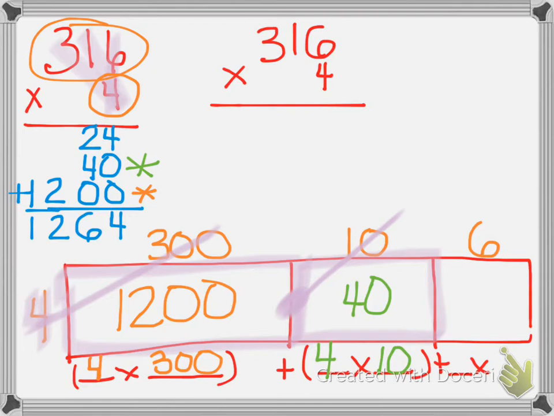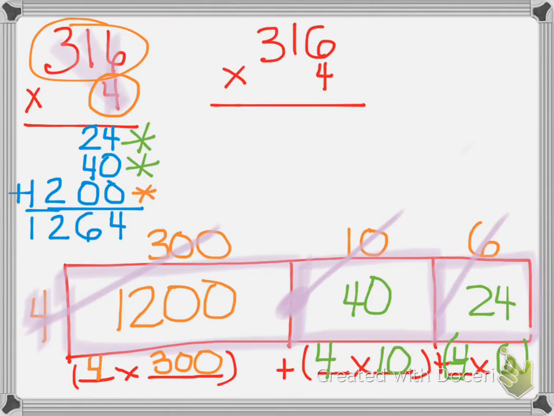And last, you guessed it, we're going to find the area of the ones rectangle. Again, you know area is length times width. The length is still 4, and the width in this case is 6. Oops, I'm missing some pieces to my number frame. All right, so 4 times 6 is 24, and I got that partial product up there.